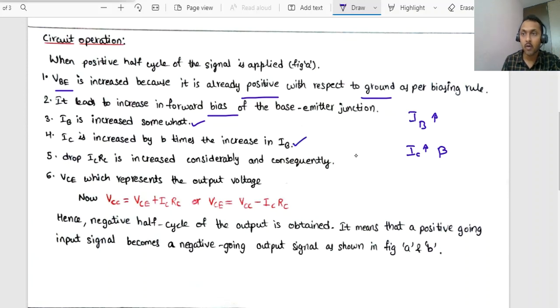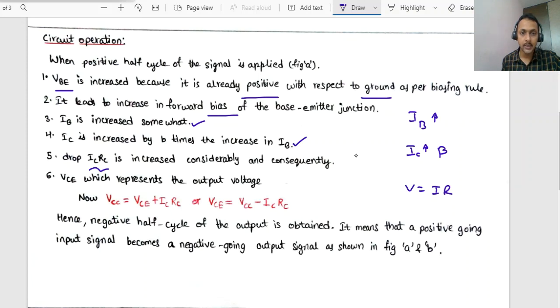This is the sequence of operation: the forward bias voltage is increased, because of that the base current is increased, and because of that the collector current has increased. Now once the collector current has increased, from the electrical point of view V equals IR, so the voltage drop IC times RC will also increase, because IC has increased.